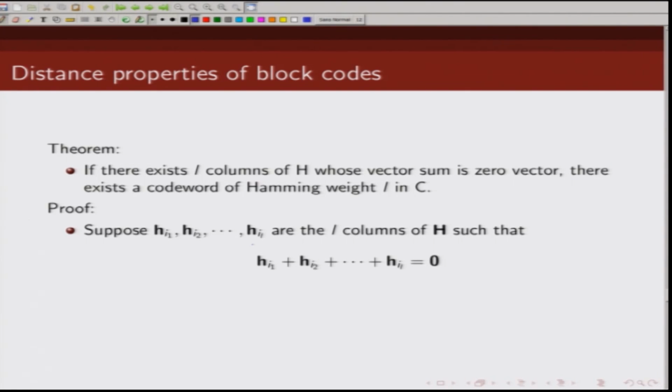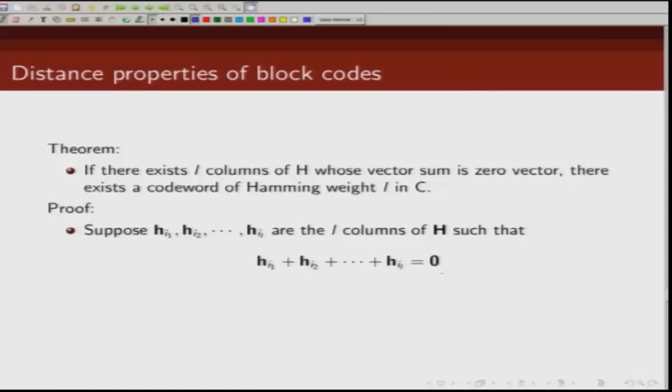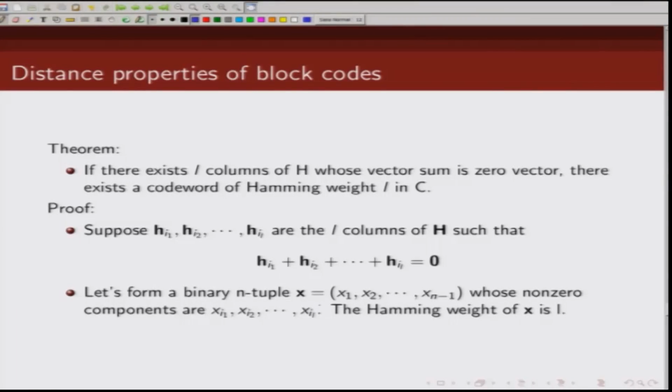Then Hi1 plus Hi2 plus Hi3 up to HiL is going to be 0. Now, let us consider an n-tuple, which we denote by x, whose non-zero components are given by xi1, xi2 up to xiL. In other words, at L locations this n-tuple is non-zero. So, the Hamming weight of x is L.